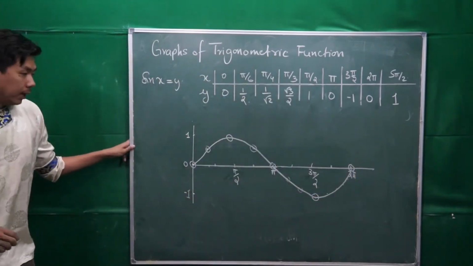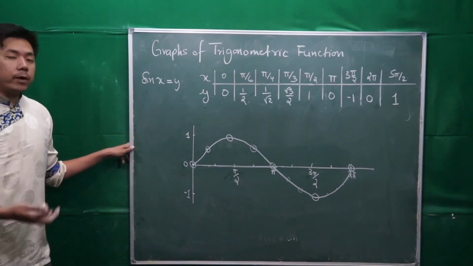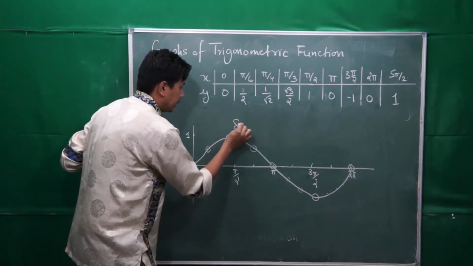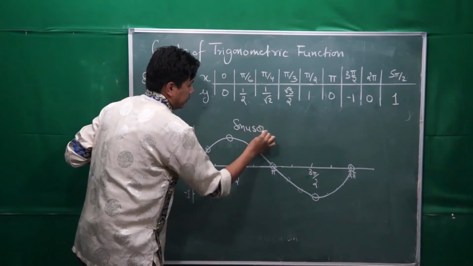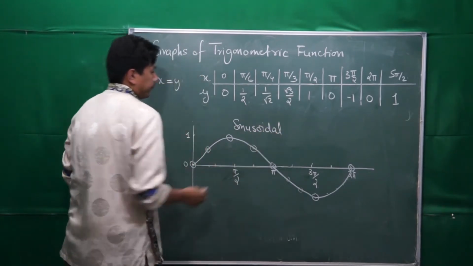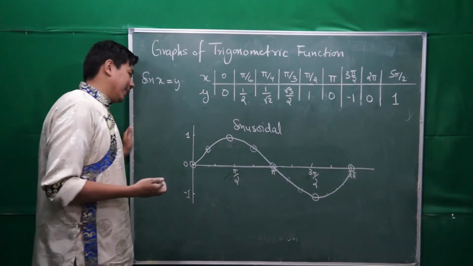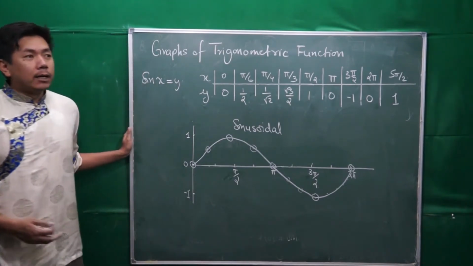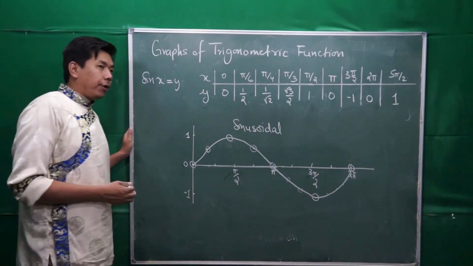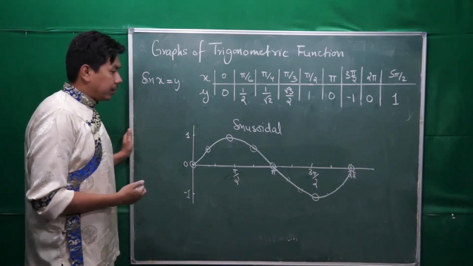All right, now this form of graph is known as a sinusoidal graph.